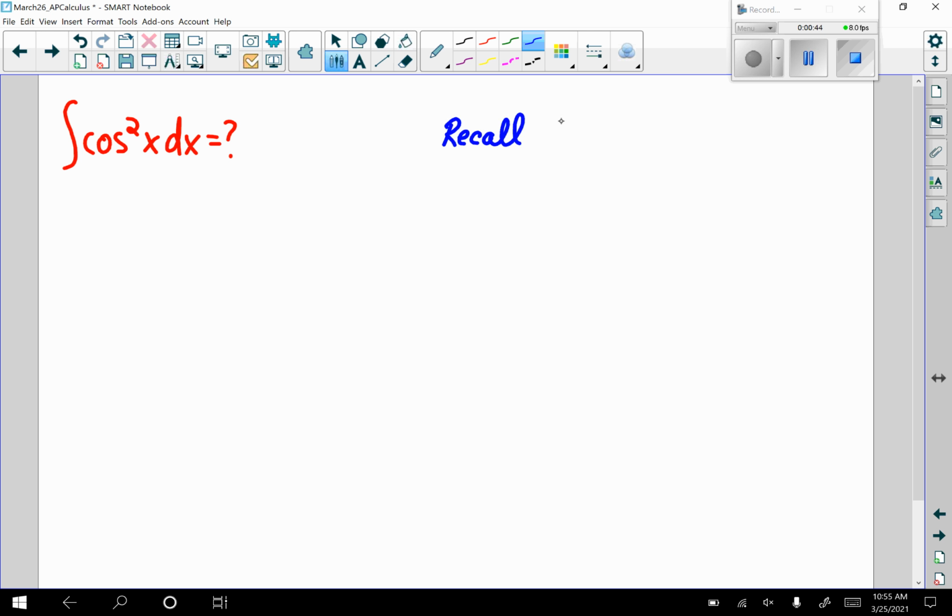So let's recall that the integral of sine square x dx became, a couple ways to write this, 1/2 x minus 1/4 sine of 2x plus c. So we could use this now. We could go back and try to look at the cosine square x, so that might be helpful. Or we could just use this right here.